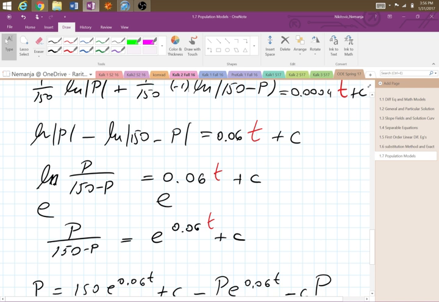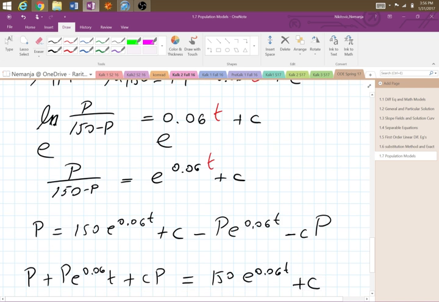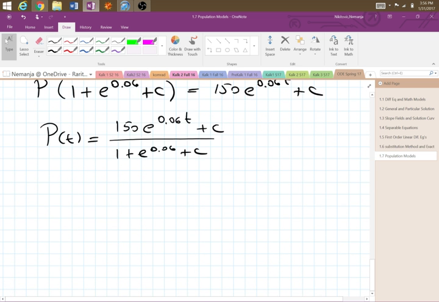All right, so that's that. What else is there? The carrying capacity is what you get when you take the limit of this equation.